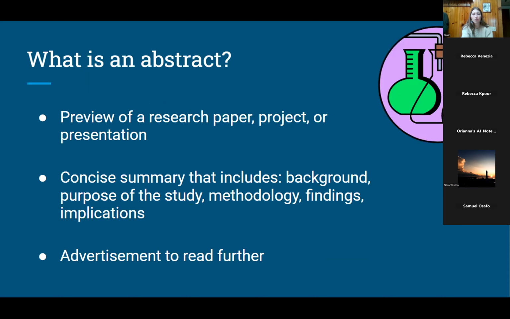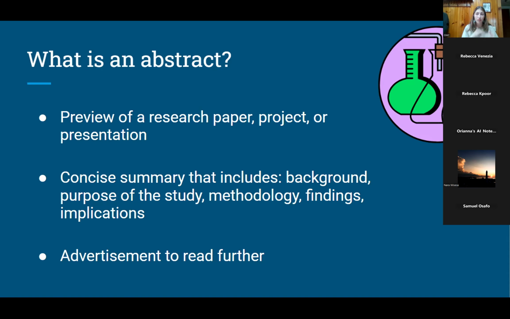All right. So first of all, what is an abstract? What am I talking about? I'm sure you all have had to read papers so far in your research, and the abstract is the first thing you see on a research paper. It is basically a concise summary that includes the major points of the research article, giving some background, the purpose of the study, and the methodology that was used in this study.